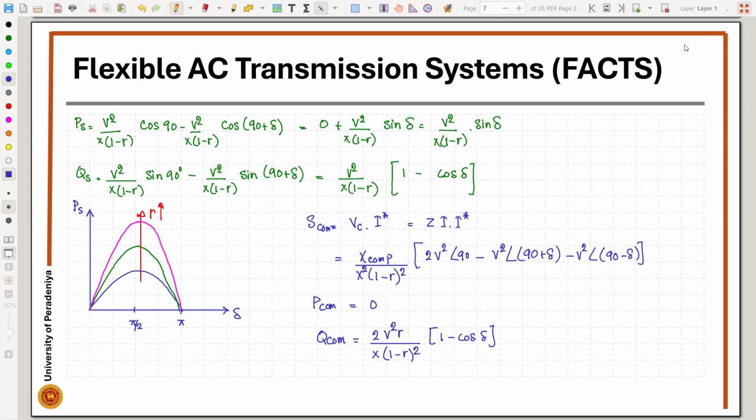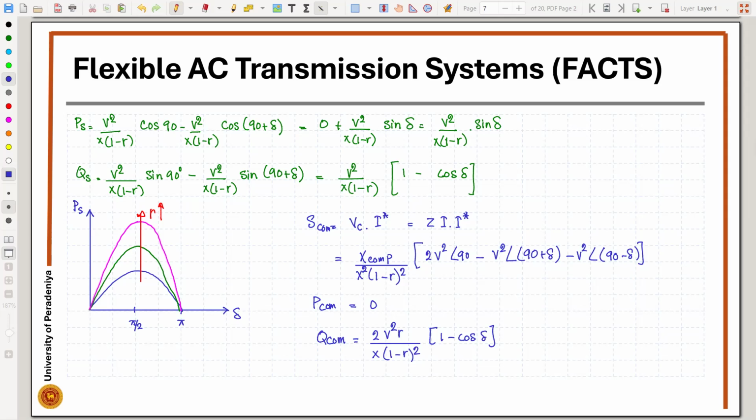So what we are going to do is use power electronic converters to mimic the effect of variable inductors or variable capacitors so that we can provide varying reactive power to the system so that we can regulate the power flow in the network or improve the power flow in the network.